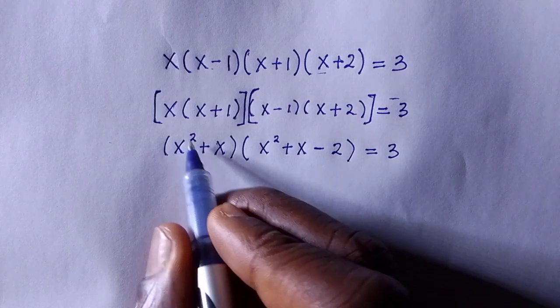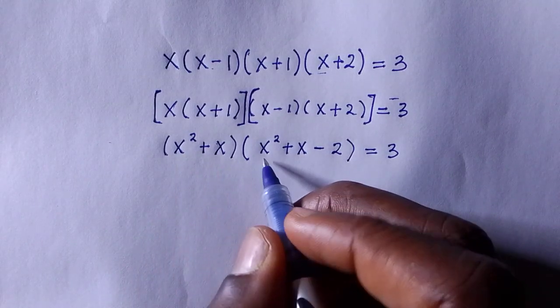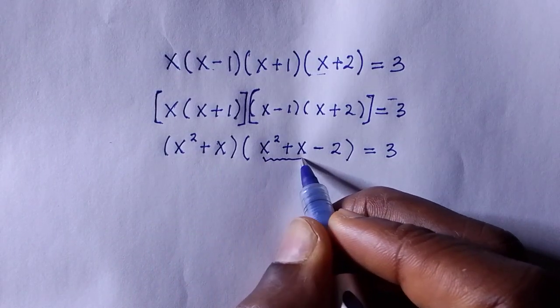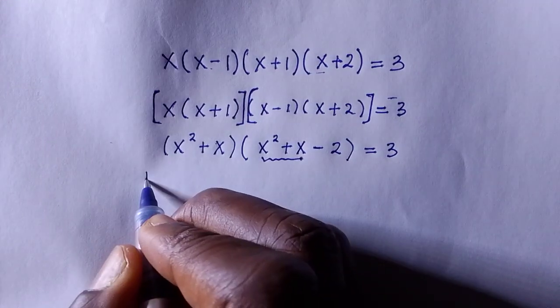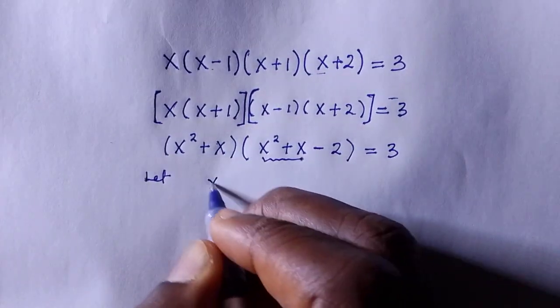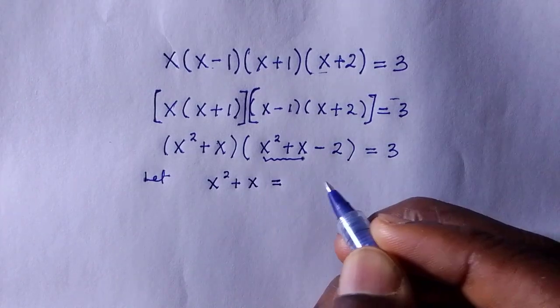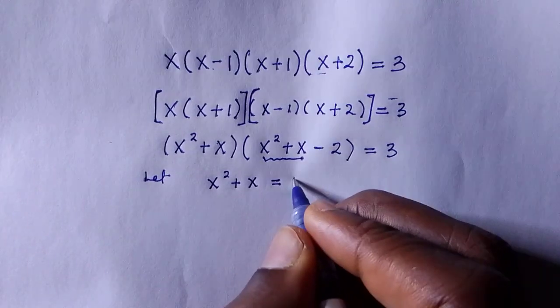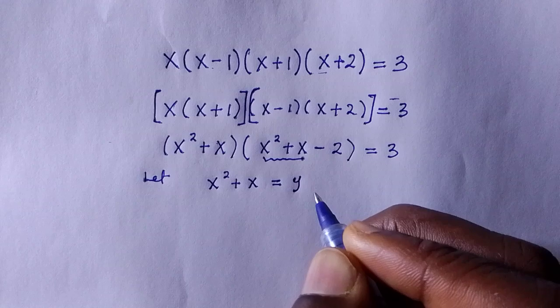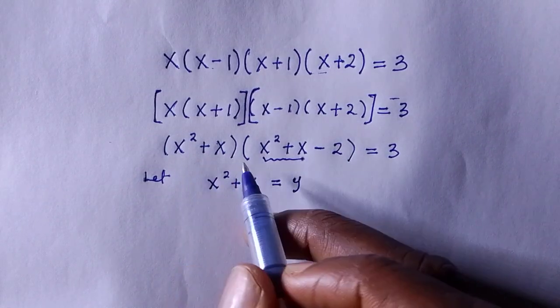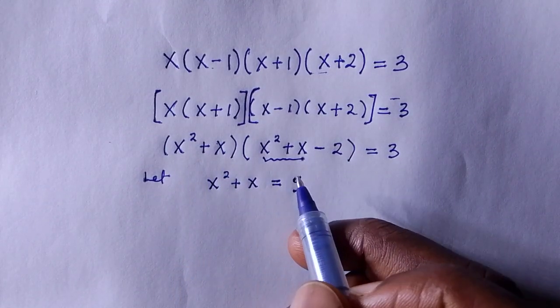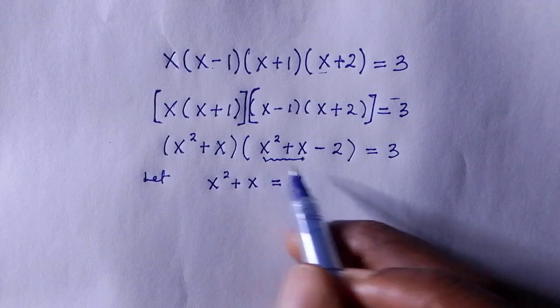So here we have x squared + x, and this is another x squared + x. Let's let x squared + x equal another letter. If I choose the letter y, then actually this equation is leading us to 4 different answers because it is a quartic equation.